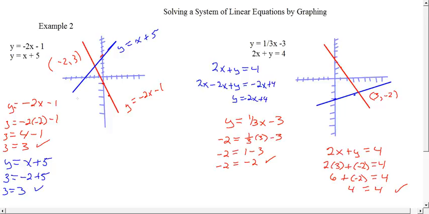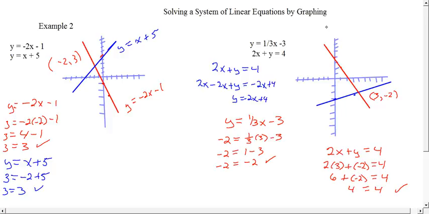So the first equation checks out. So let's go to y is equal to x plus 5 and substitute 3 for y and negative 2 for x: 3 equals negative 2 plus 5, and of course, yes, 3 is equal to 3. So that is indeed the correct solution for this system, even though it's pretty difficult to tell here with the graph, but that would be the correct solution.